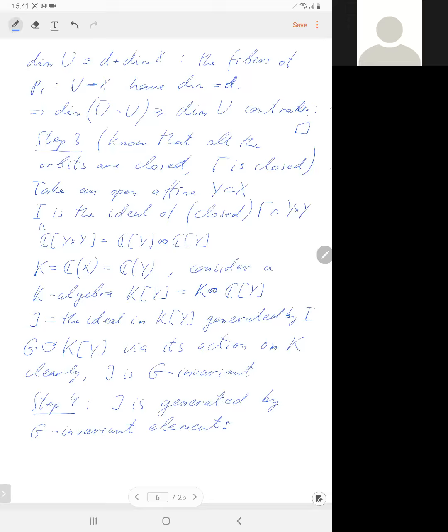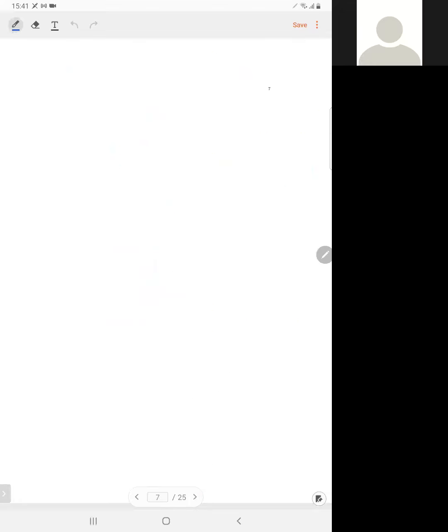So the fact that this ideal is generated by the G-invariant elements has nothing to do with any specifics of our algebraic geometric situation. It's a very, very general fact. So let me formulate this general fact on the next page. So this general fact is as follows.